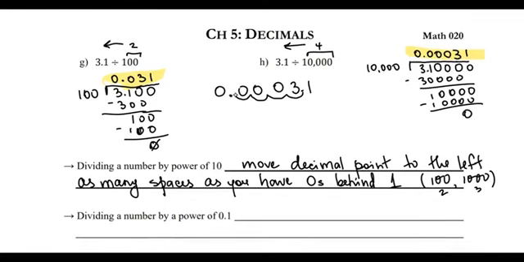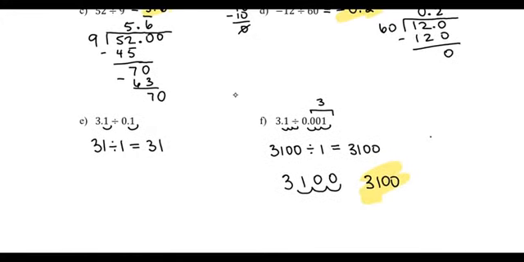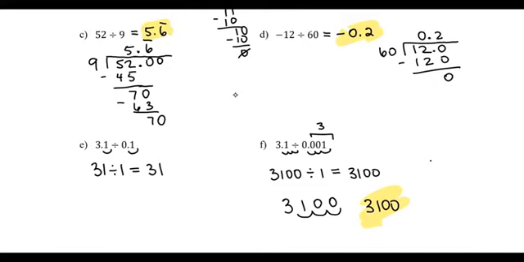Dividing a number by a power of 0.1, so notice that we went the opposite way. So we are going to count how many digits we have behind the decimal point, and then we're going to move the decimal point that many digits.